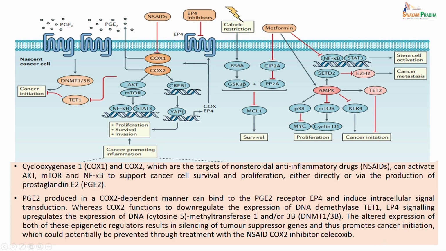The altered expression of both of these epigenetic regulators results in silencing of tumor suppressor genes, and this in turn can promote cancer initiation, which could potentially be prevented through treatment with a COX-2 inhibitor. And celecoxib, there are several trials. It's one of the well-known chemopreventive agents, useful in bringing down inflammation in the tumor environment.